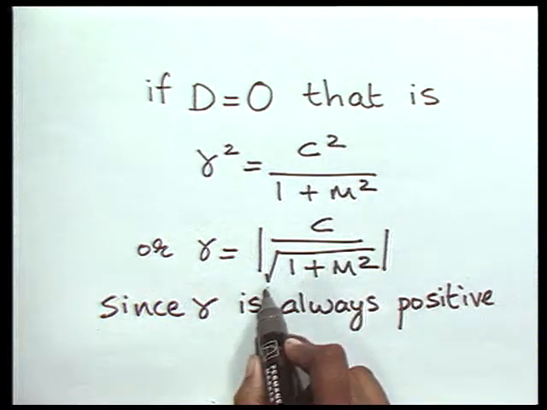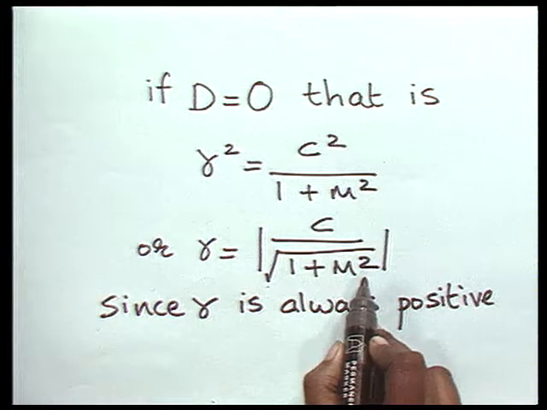In other words, we say that the line is a tangent to a circle. So, we can say that r is equal to modulus of c upon under root of 1 plus m square is a condition for tangency of a line to a circle.